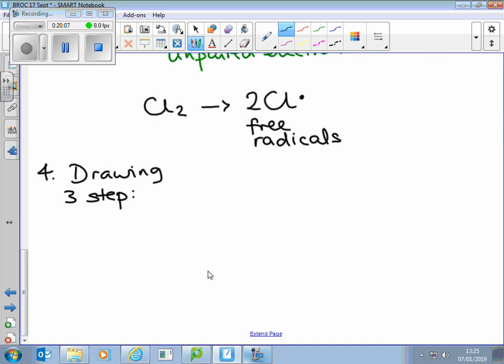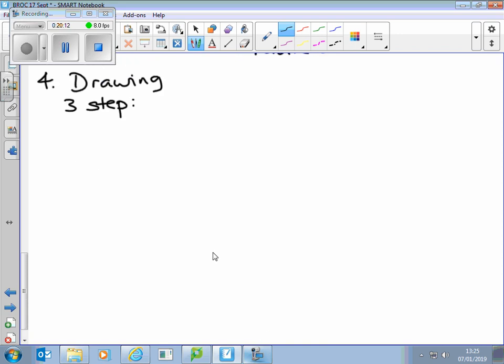Essentially, it's before, during, and after. You know, just showing where the atoms are, what's bonded to what, where the electrons are, where they've moved. So you need to make sure you have lined your particles up, those steps.